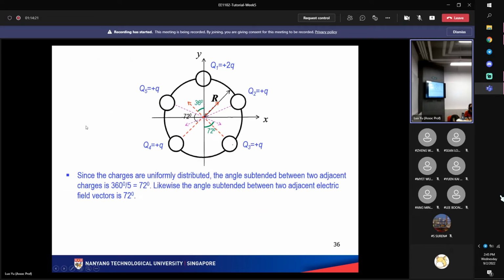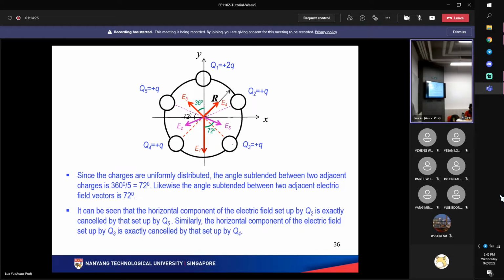Clearly E2, E3, E4, and E5 all have the same magnitude, but because their angles are different, the Y components of E3 and E4 are larger than those of E2 and E5.